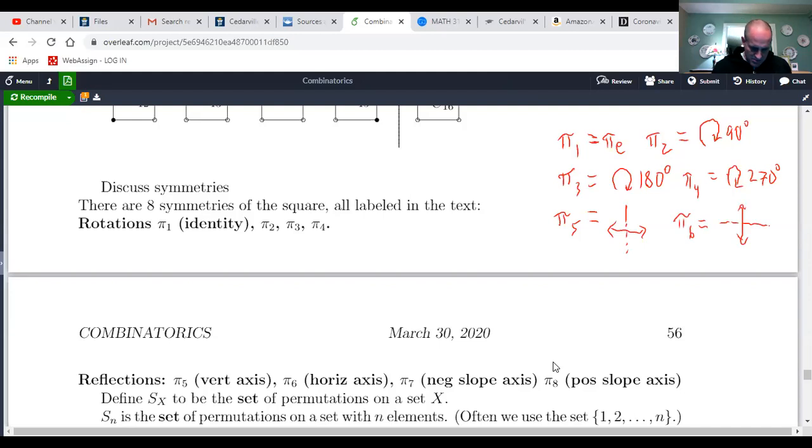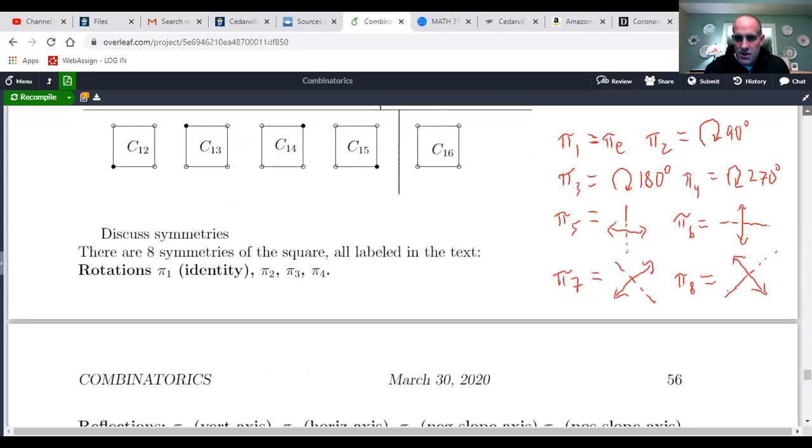What's pi7? Pi7 reflects in the negative slope axis, so it's like this. And pi8 is going to be the positive slope axis, so I'm reflecting this way.